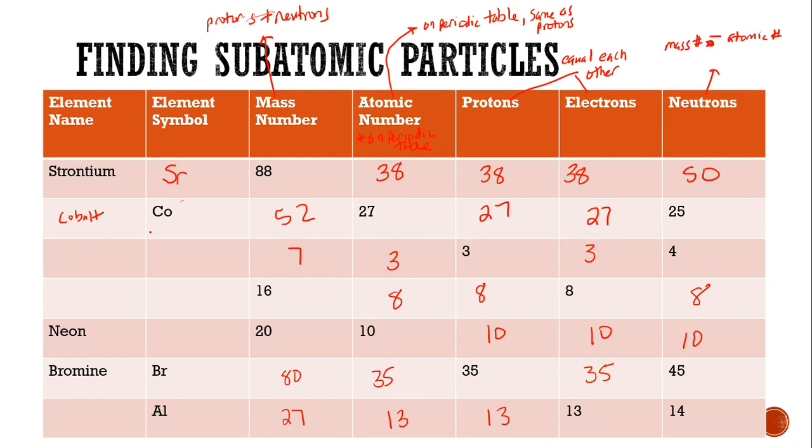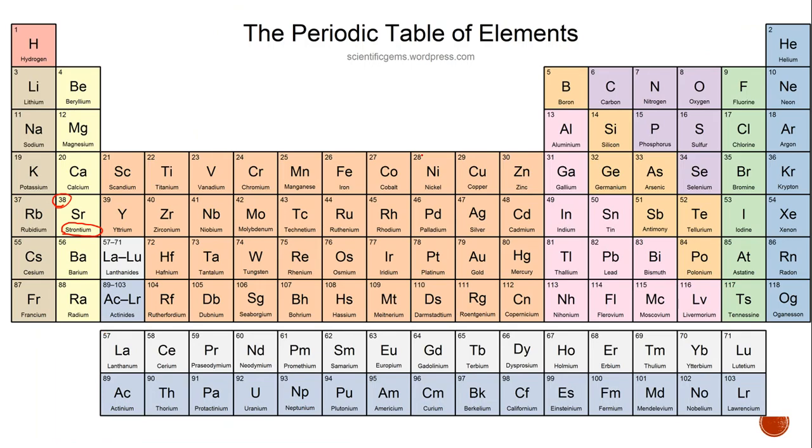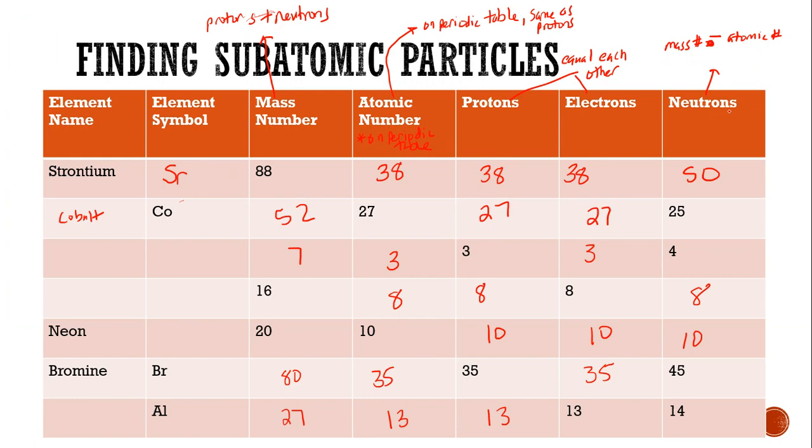That leaves symbols and names. Now, if they already have the name or the symbol, it's easy to look it up on the periodic table. For example, neon. If we look at the periodic table, neon is over here. Neon is Ne. So we're going to fill that in. Ne. And then we have aluminum.